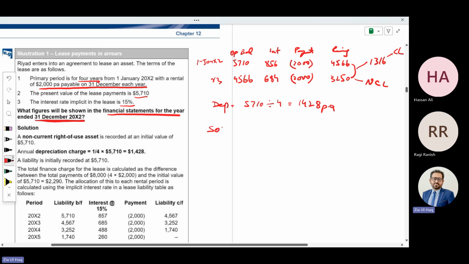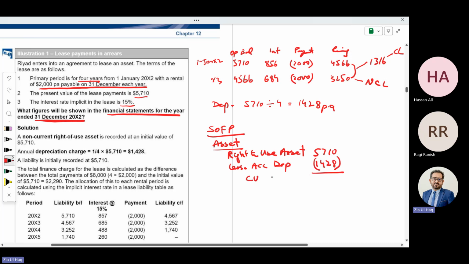So statement of financial position, asset, right of use asset value will be 5710 less accumulated depreciation of 1428.